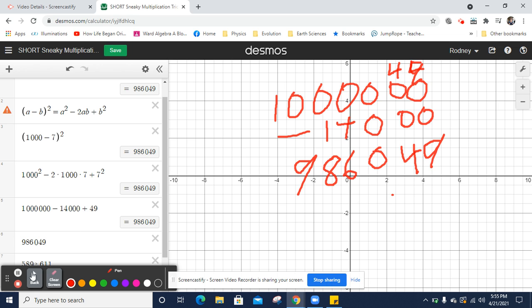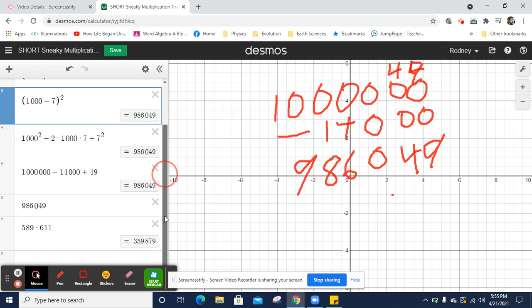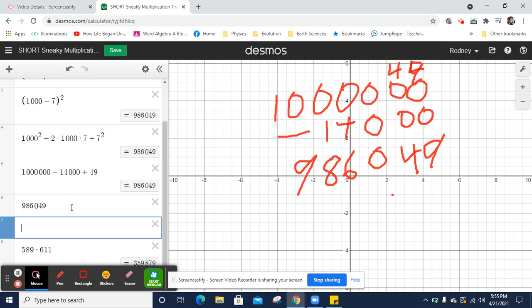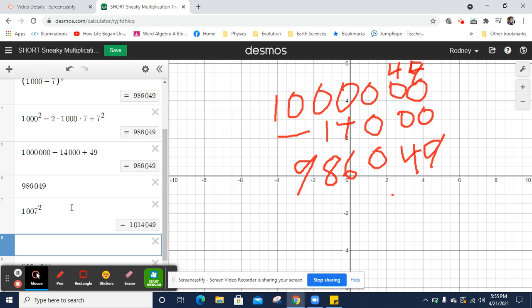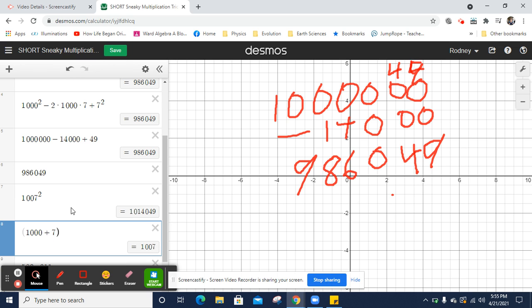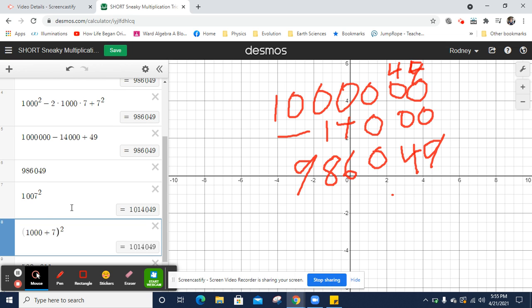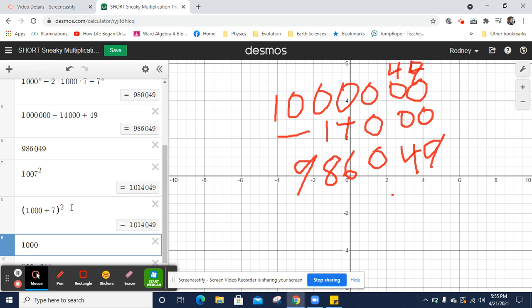Okay, cool. Now, if I had instead had 1,007 squared, I'll just set that up really quickly. I'm not going to go through all the process. That would end up being 1,000 plus 7 squared, which would be 1,000 squared.